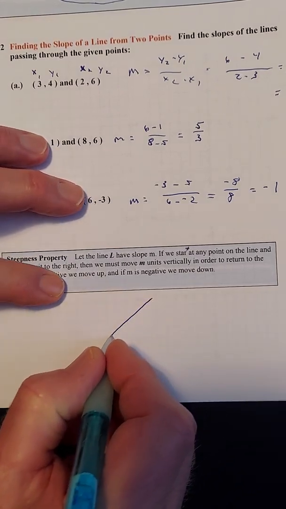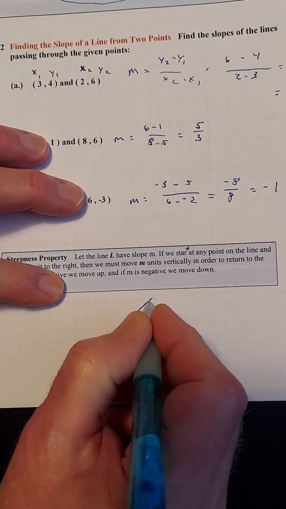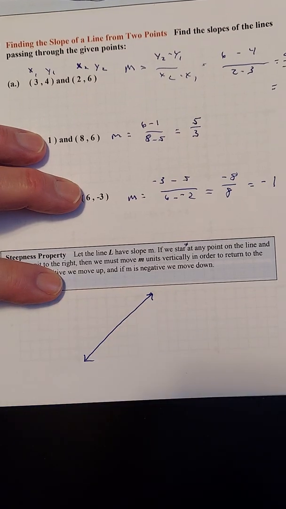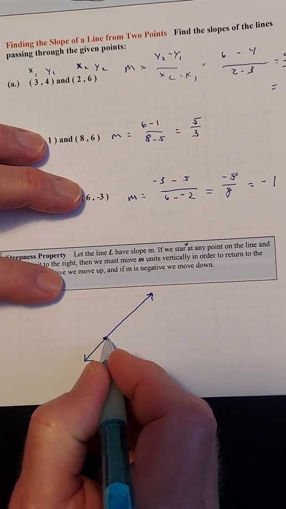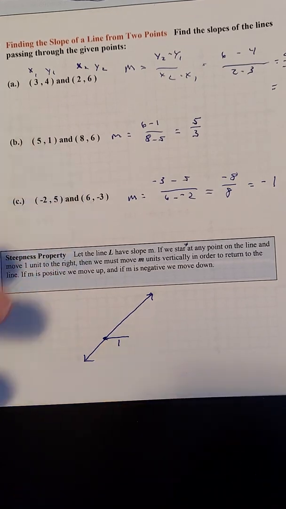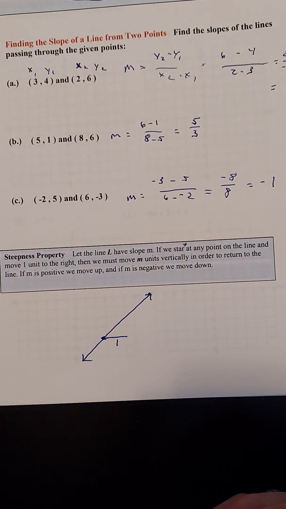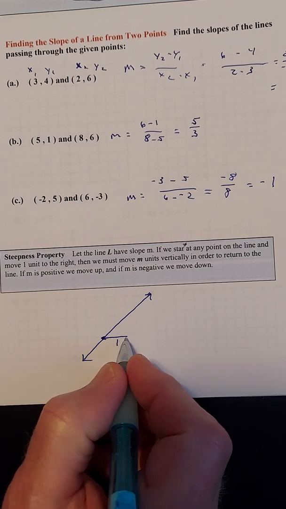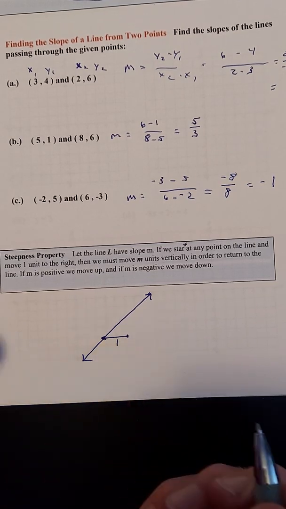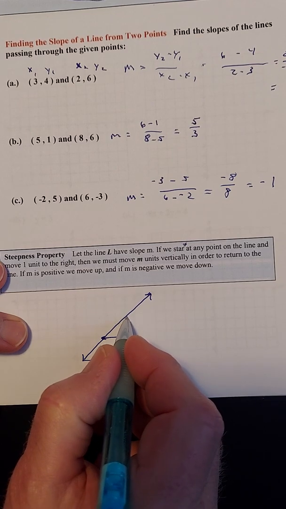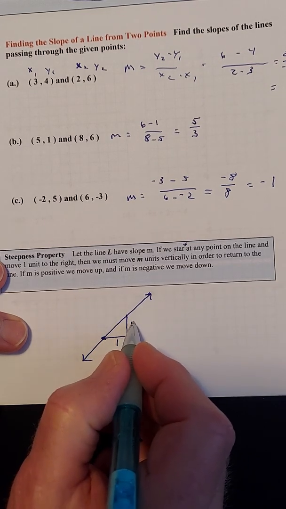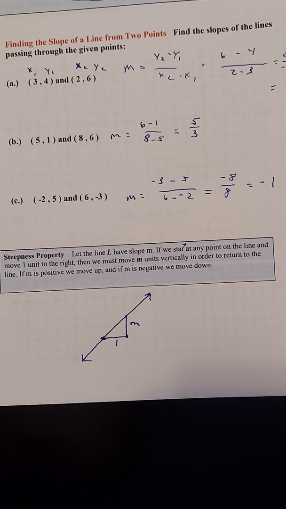Let's say we just have a line here. If I start at any point and I go 1 unit that direction, it's 1 unit to the right. And then from that point, let's say I go straight up. That distance is whatever the slope is.